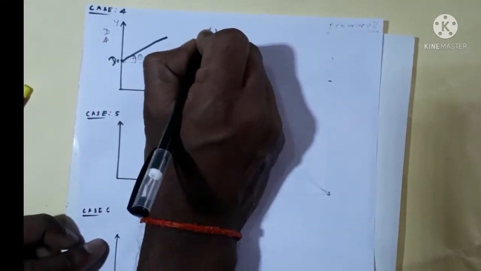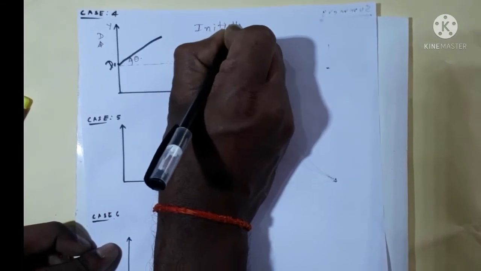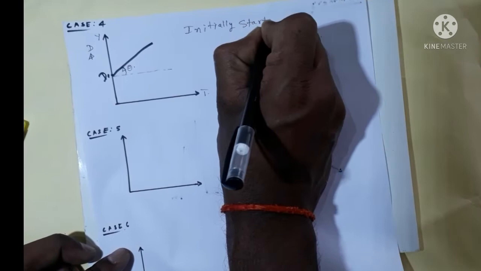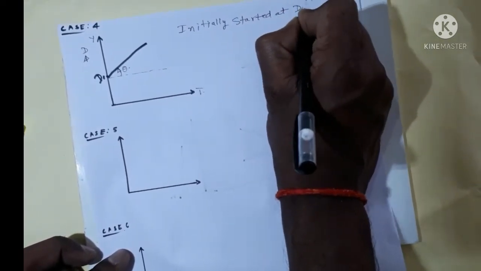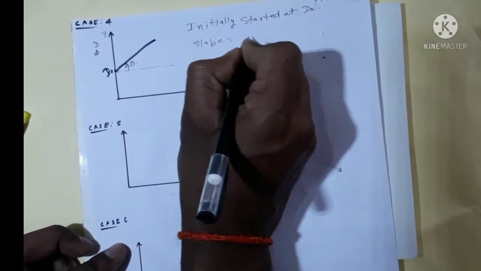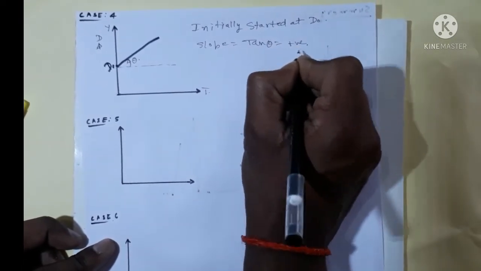Here it started from d0. So slope is equal to tan theta, which is positive. How positive?